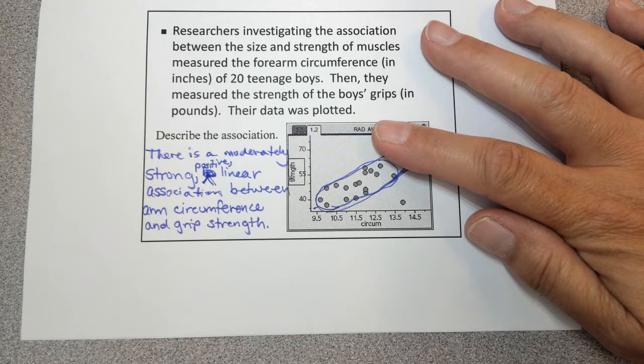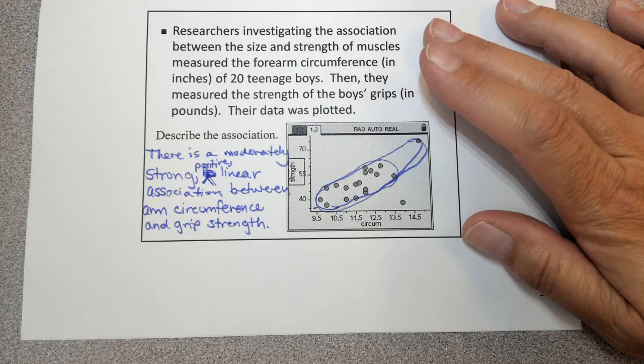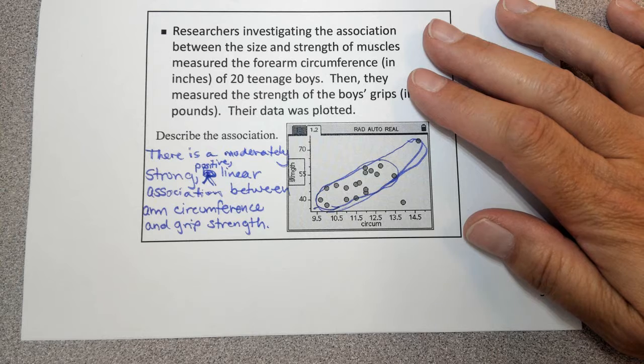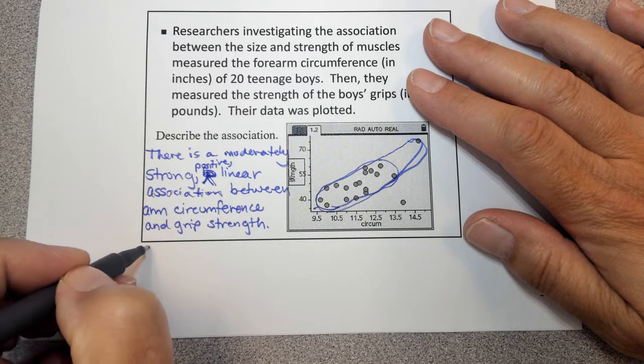If we learn the magic sentence, we get all the parts, and we make sure we cover context. We have a couple of unusual points. Let's mention those in another sentence.